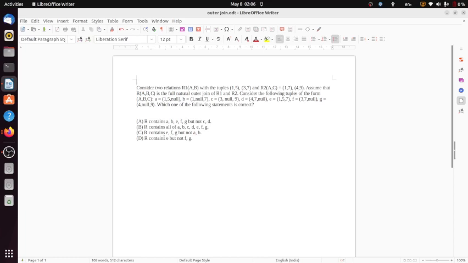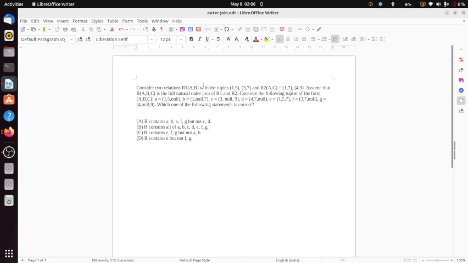We will first go through the question carefully: what it says, what information it provides, and based on that information what answer is expected. Here we have two relations, R1 and R2.